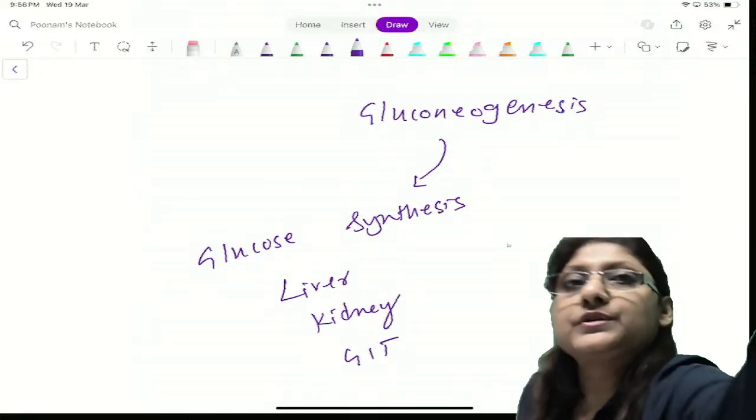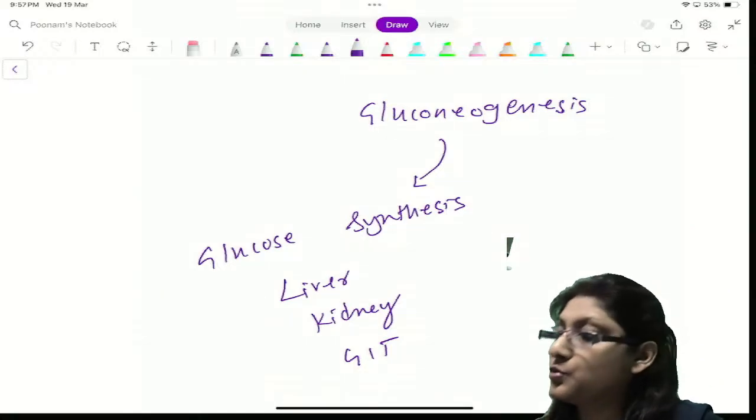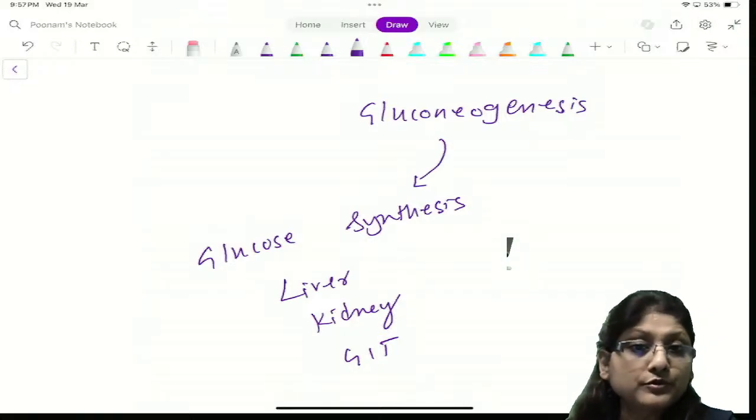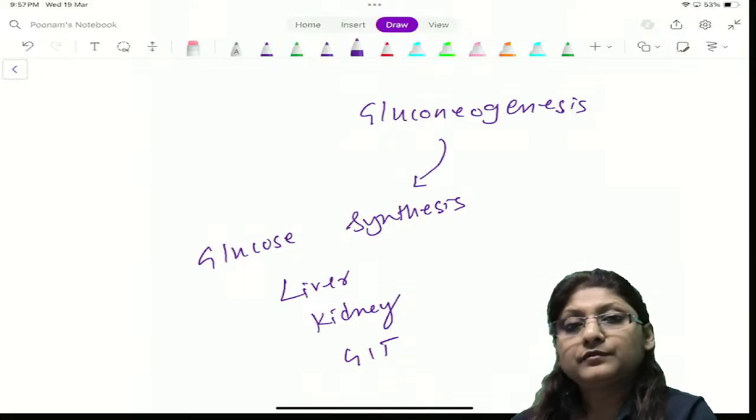So gluconeogenesis is a very important process where body organs are producing glucose. Of course, this is going to take place at the time when there is no glucose supply from the food.